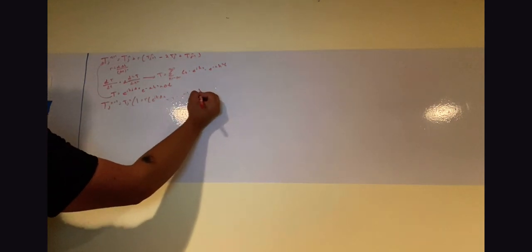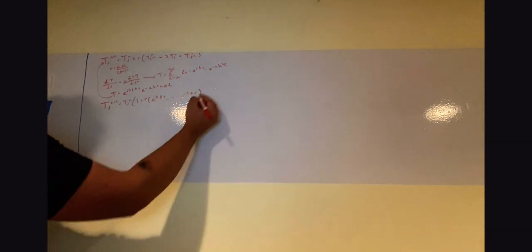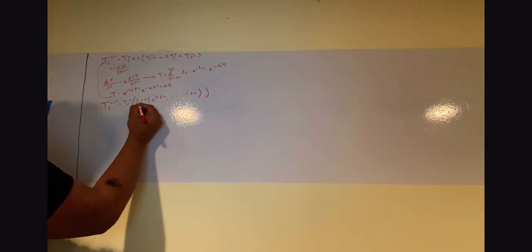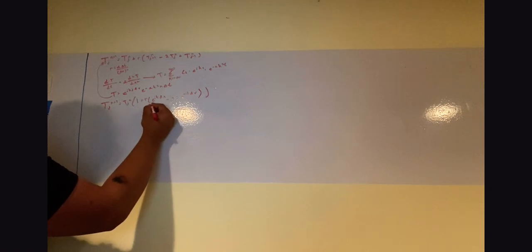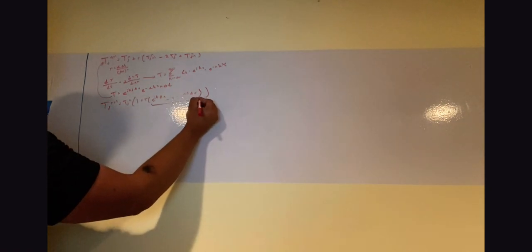All right. Two parentheses here, 1 plus r is multiplied by this whole expression.